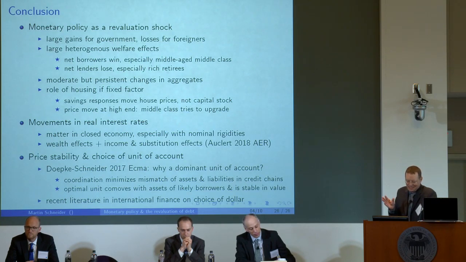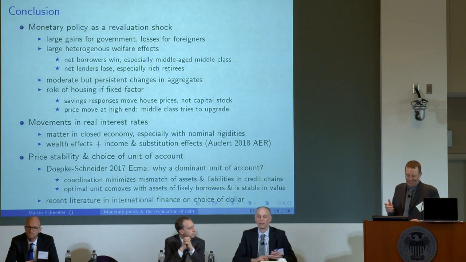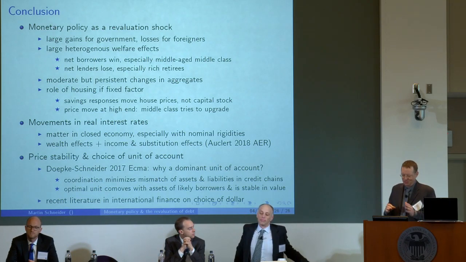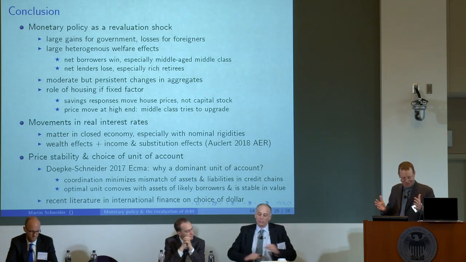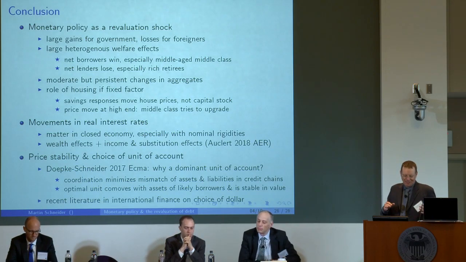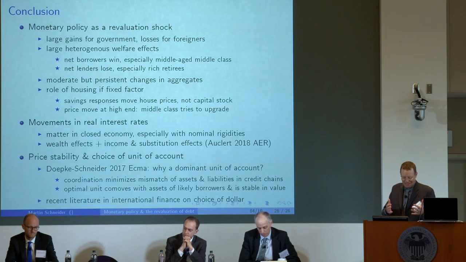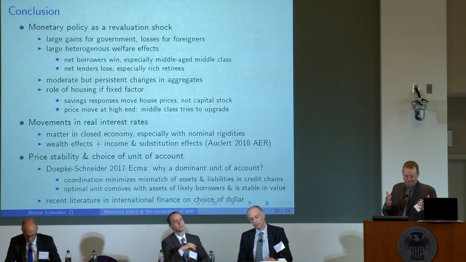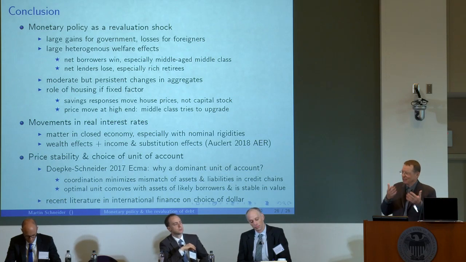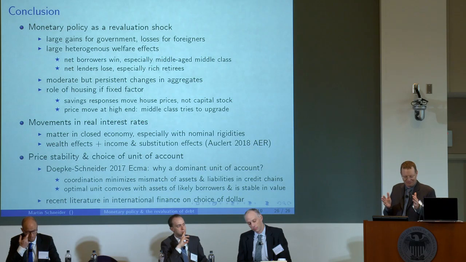There are some other interesting details in the paper to do with the role of housing, especially if housing is a fixed factor, so in this case where construction is kind of hard. Because what happens here is that you're basically giving money to these middle-class people, and then they try to upgrade their housing. Okay? But if the housing stock is fixed, because it's hard to build, then that's not possible. So there's going to be competition for relatively expensive houses.